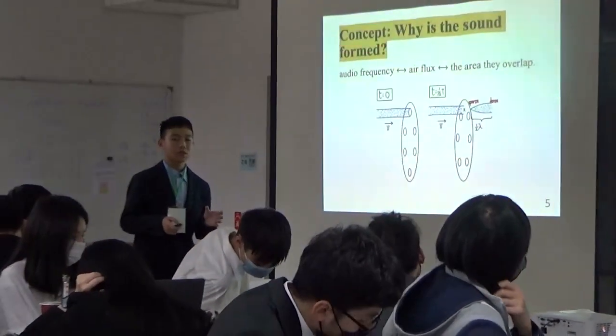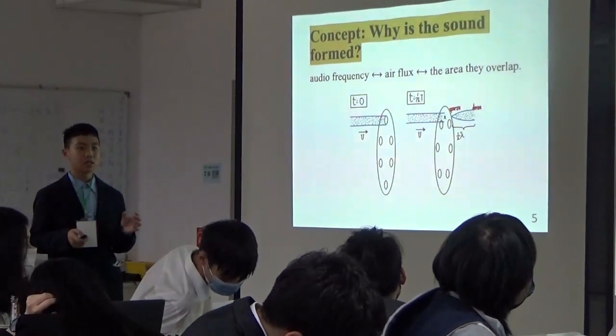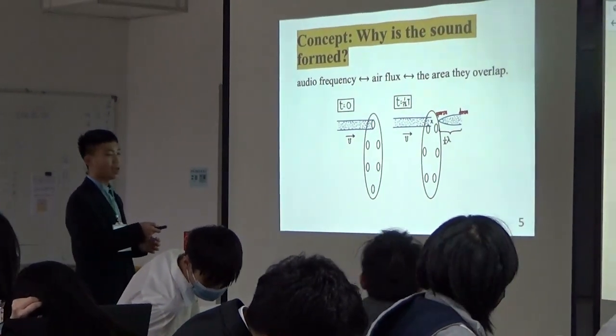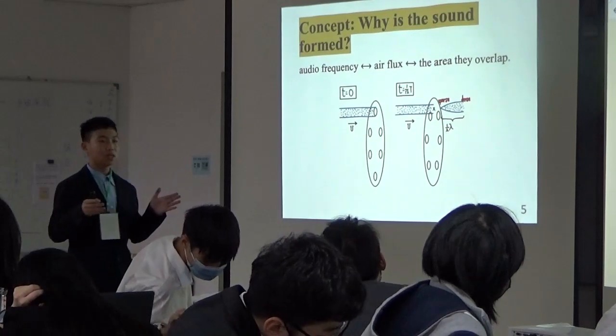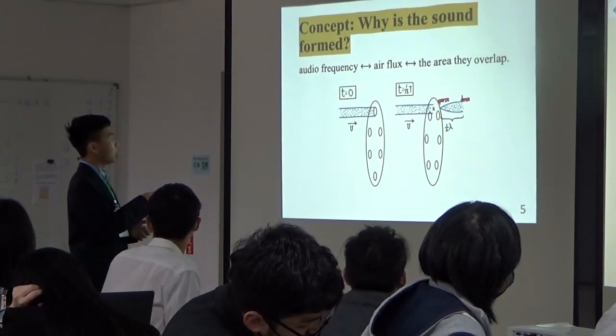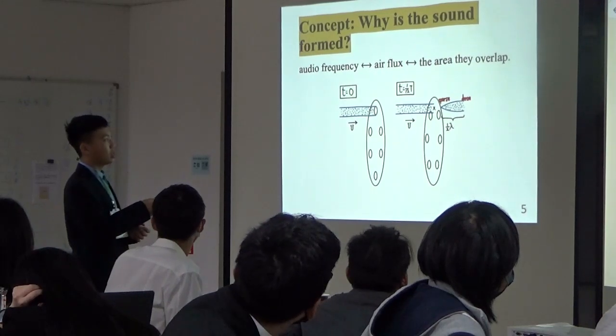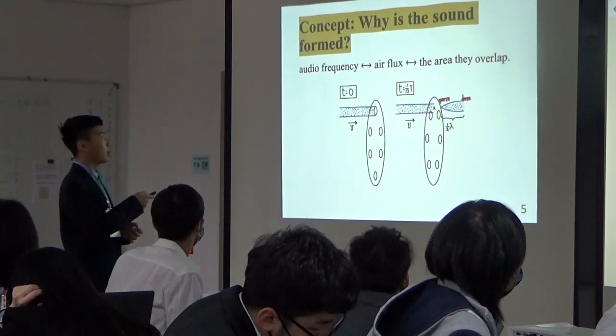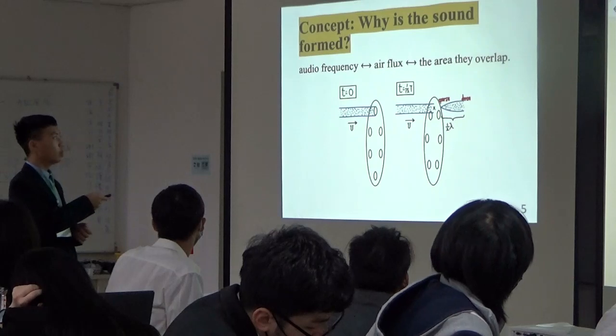As you know, a sound is a wave that is compressing and releasing air particles, and so the air flux means the area they overlap may result in audio frequency.